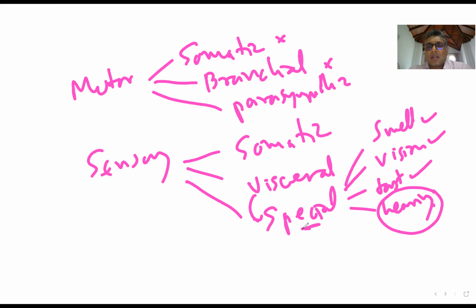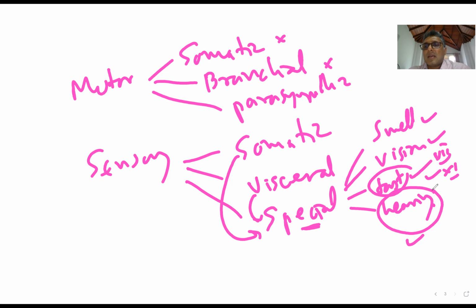That is also special, but it is not taken as visceral, because it's an external thing. So you take it as a special somatic sensation. The only special somatic sensation when it comes to cranial nerves is hearing. Then the only special visceral sensation is taste. Taste is related to the 7th and 9th cranial nerves, which we'll discuss in a moment.